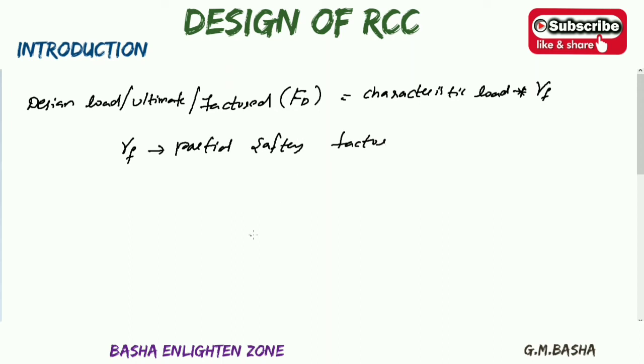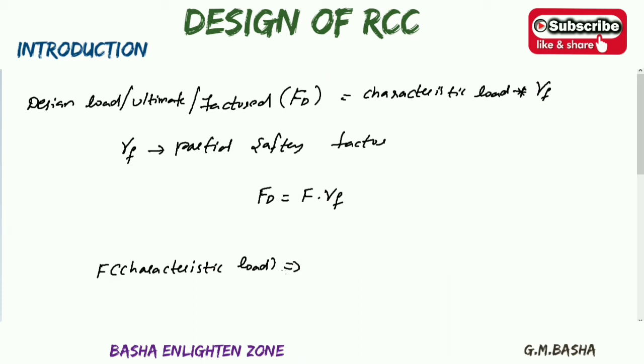So simply please remember that FD will be equal to characteristic load, denoted with F, into partial safety factor, gamma F. So here, what is characteristic load?